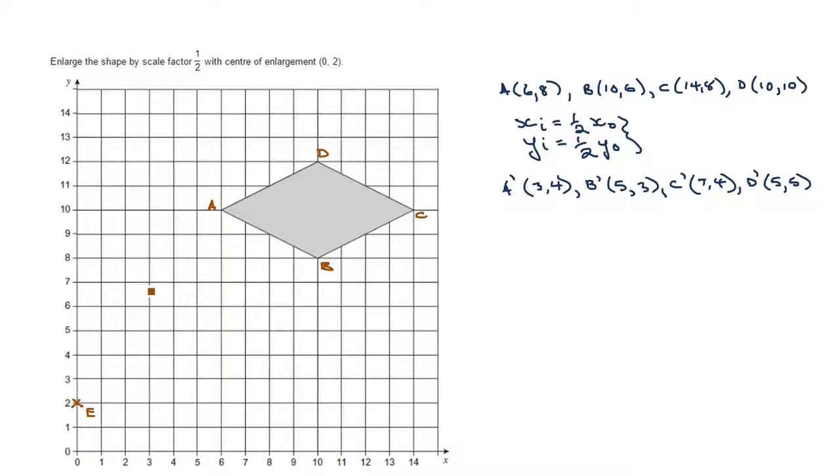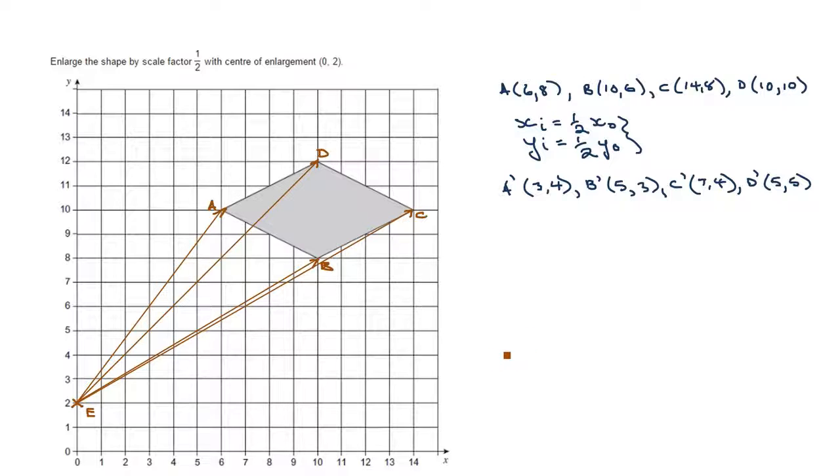So a vector from E to A, and that. A vector from E to B, E to C, and E to D. Okay, so that's drawn the vectors on the diagram.